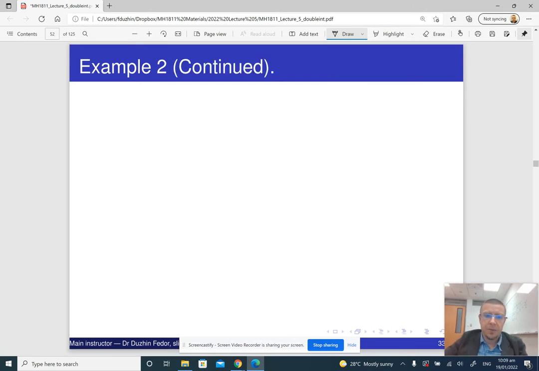Here is how we do it. Let me just rewrite the integral: from 0 to 2, then from 0 to 1, 4 minus x minus y dy dx.